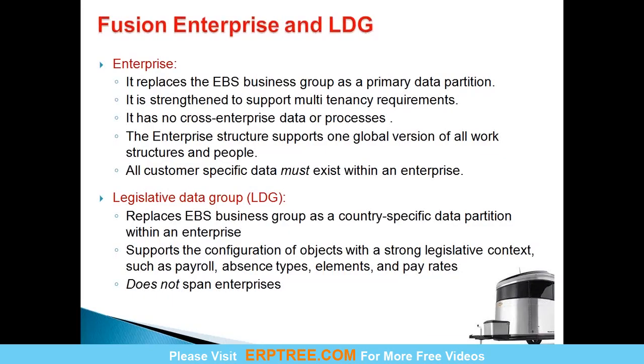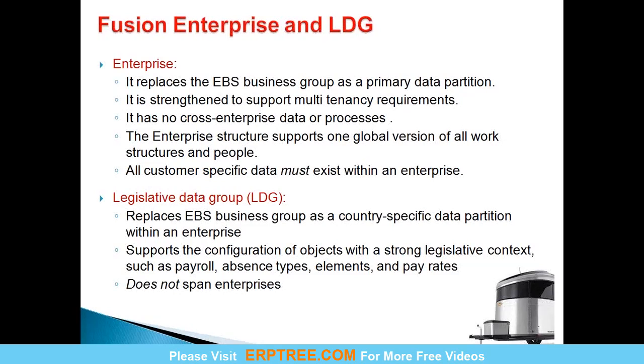So within the Fusion enterprise structure, we have seen that the enterprise replaces the EBS business group as the primary data partition. It is strengthened to support multi-tenancy requirements because it is a SaaS application. Multiple customers may be using the same infrastructure, so it supports multi-tenancy, and has no cross-enterprise data process.